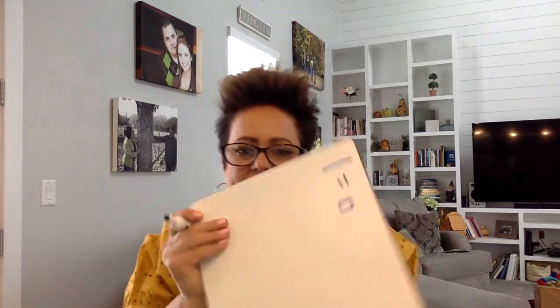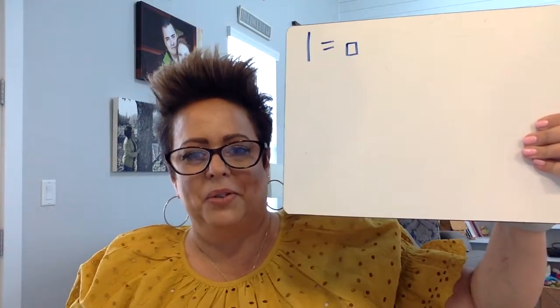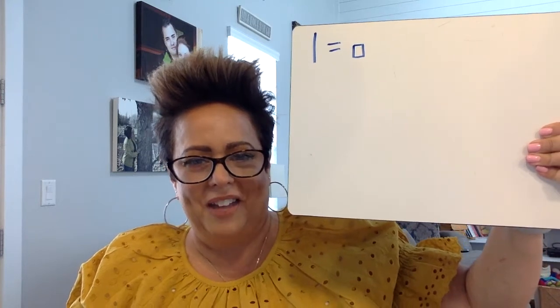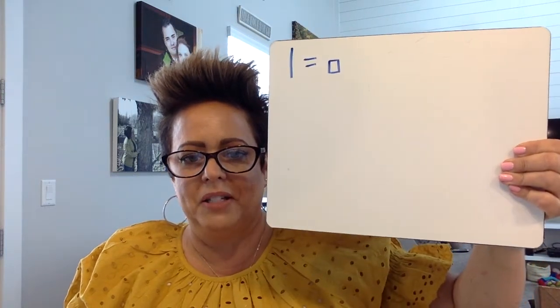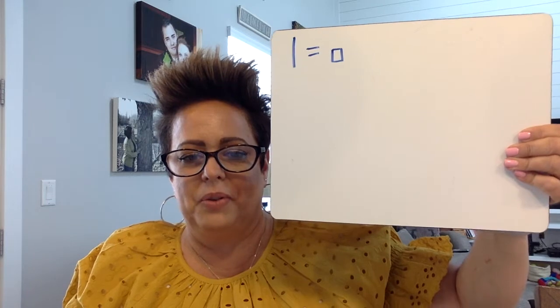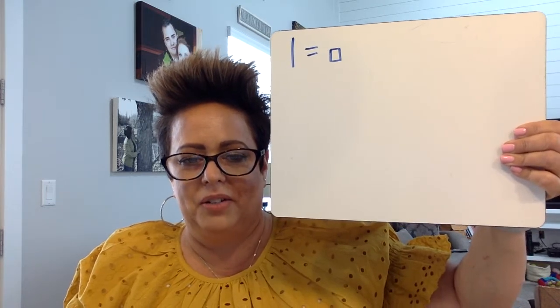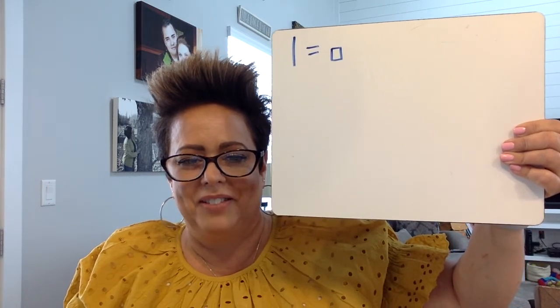So if I'm thinking about my little cubes and my 10 groups, to show the number 1, I'm just going to draw 1 cube. Okay, so if you do your board like Mrs. Hoffman's, we'll have enough room so we won't have to erase until maybe we get to maybe 7 or 8, we'll see.